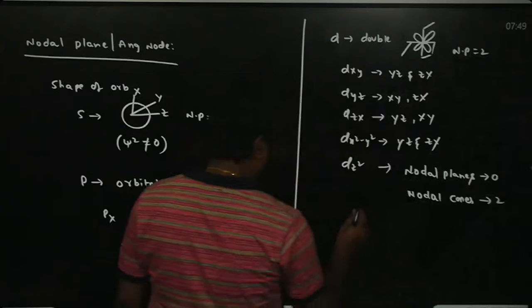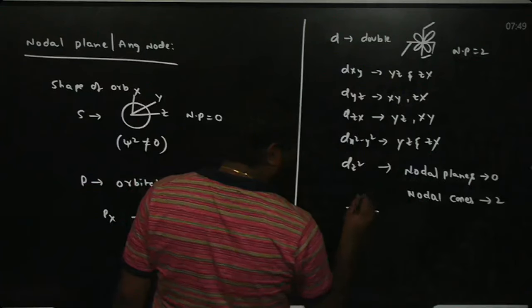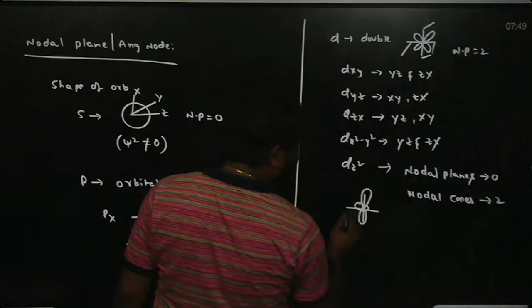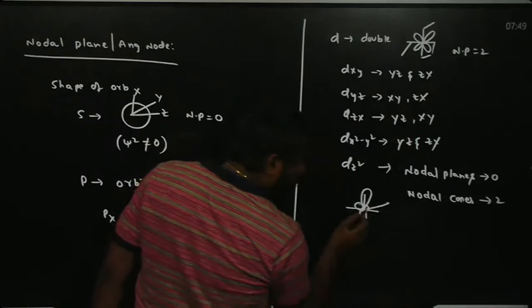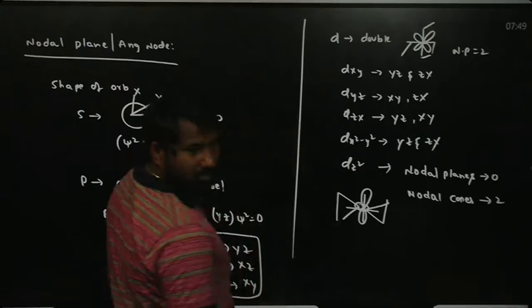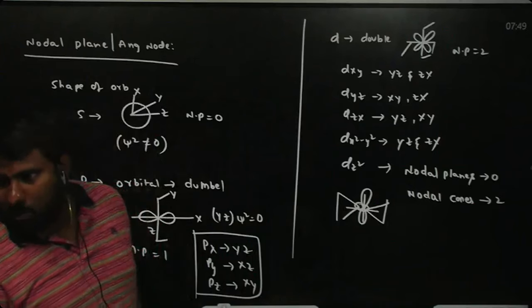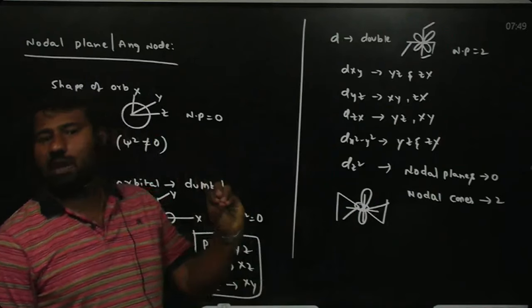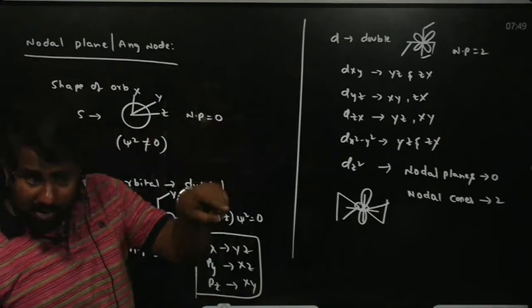2. Because the shape of the dz square is like this. Now this is one nodal cone and this is another nodal cone. Got it? Only for the dz square orbital the number of nodal planes is 0.